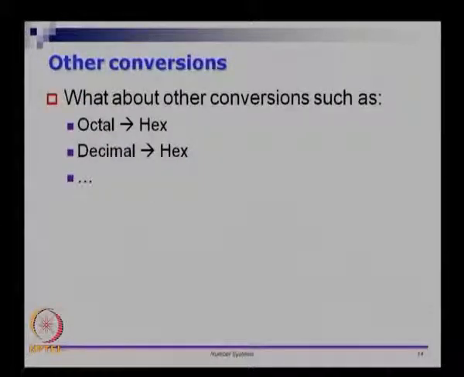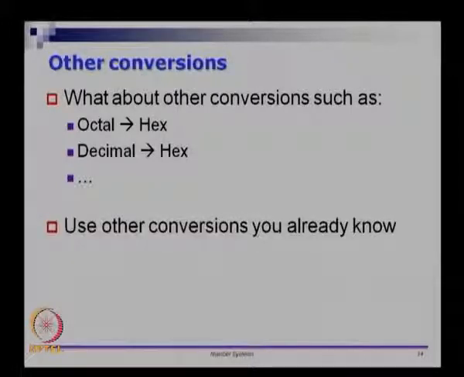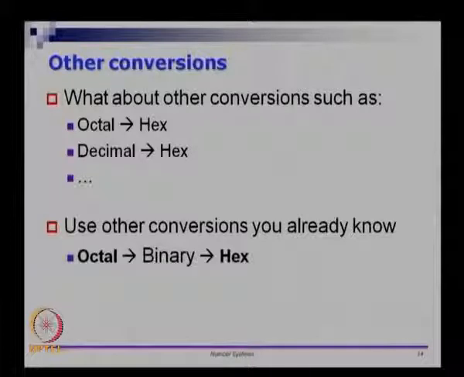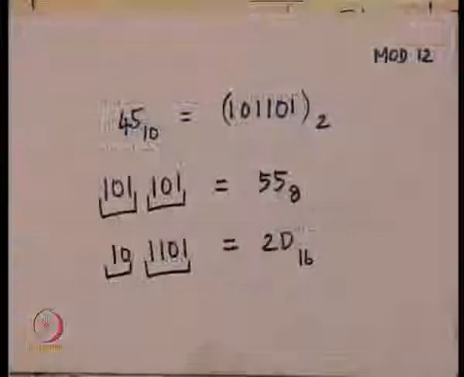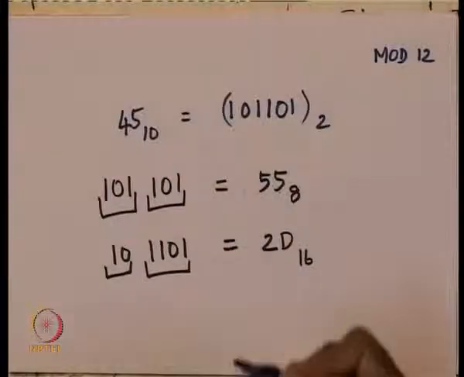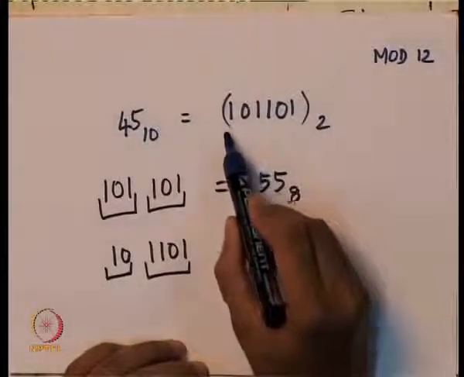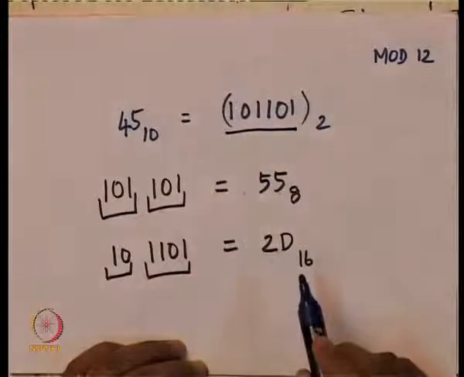If you want to do octal to hex or decimal to hex, you can try other conventions that you have in place. You can convert from octal to binary to hex, or decimal to binary to hex, and so on. I have a small example here on the sheet of paper. 45 base 10, we already did this earlier. 45 base 10 is 101101 base 2.